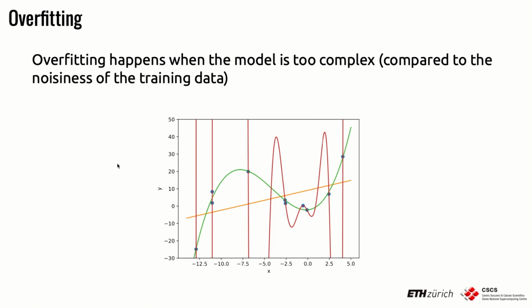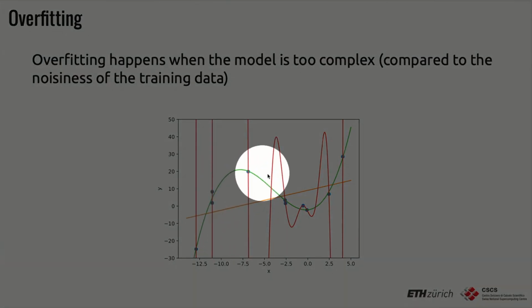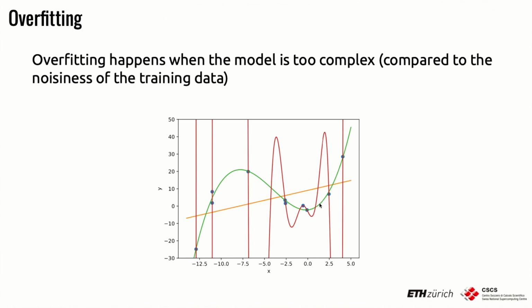And here in this picture, you can see the prototypical case of overfitting, where the dots are actually data that I generated from a cubic polynomial by adding some noise to them.